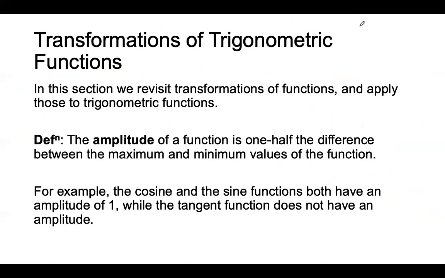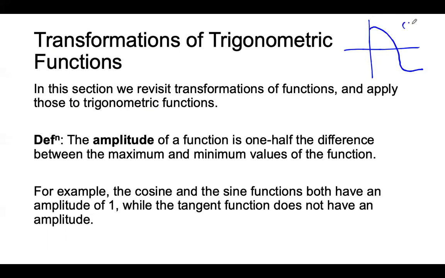But if we remember, there's a definition of the amplitude. So this is basically 1/2 the difference between the max and the min values of a function. So suppose we have the sine function or the cosine function. Let's draw that one instead. So it goes from here down like this.